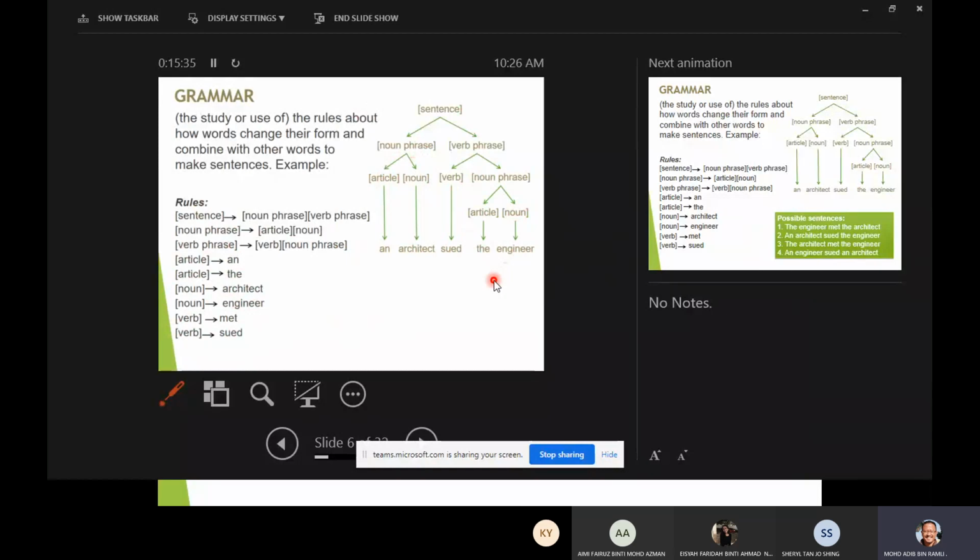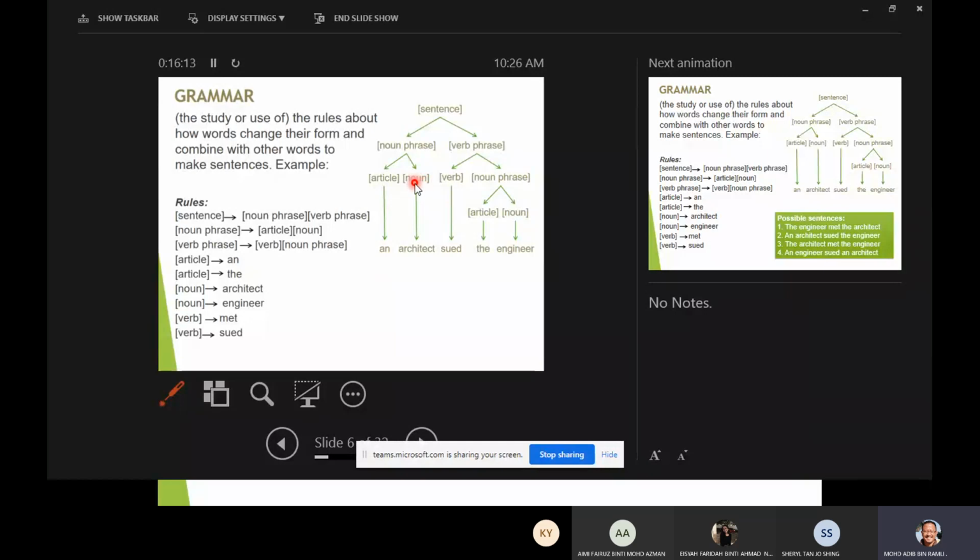Okay, so now let's look at a different possibility using the same selection of article, noun, and verb, but you apply it differently. The top three rules are still the same: sentence, noun phrase, verb phrase. But you can apply a different option at every article and noun here. For example, for the first article, instead of a, you can choose the.